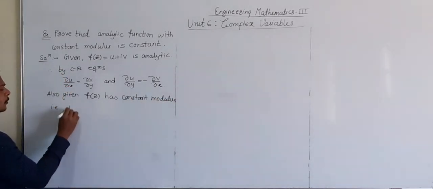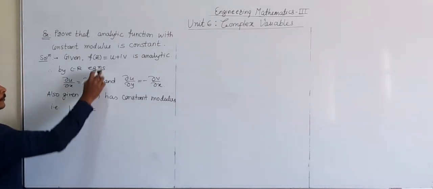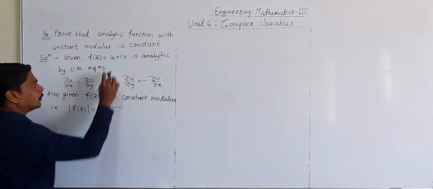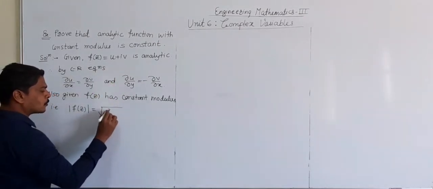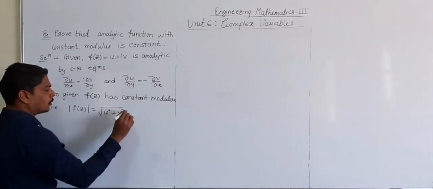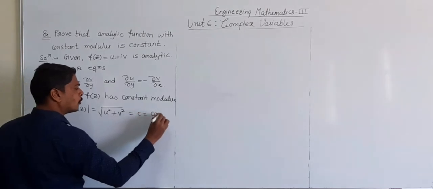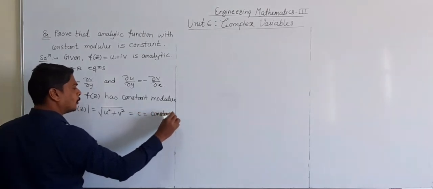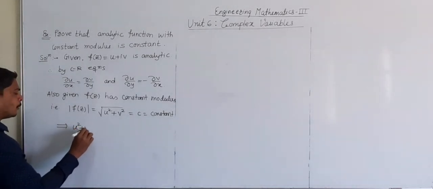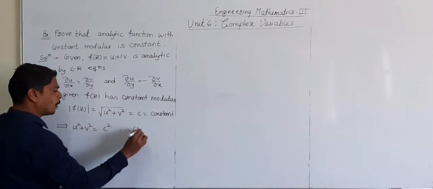That means mod of f of z, but f of z is u plus iv, so this is equal to square root of u square plus v square, which is c. C means constant. Okay, so this implies u square plus v square is equal to c square, since by squaring.